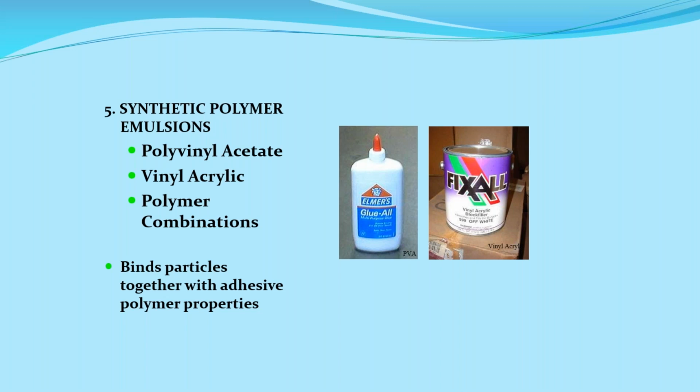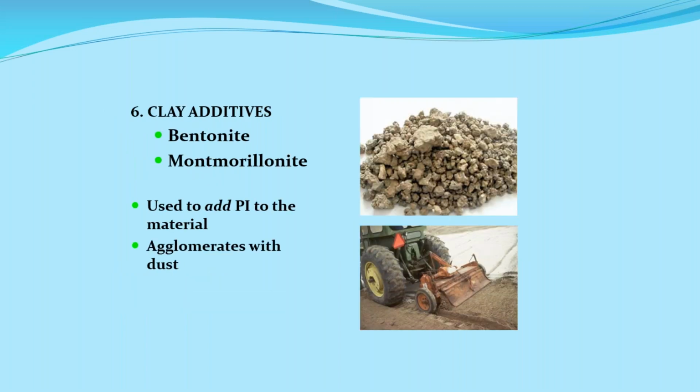So that's the 5 primary families of stabilizers. Now, like I said, some organizations, like up in northern Idaho where they use a lot of basalt, crush the basalt. It doesn't have a lot of clay, a lot of binder in it. It's very interesting that basalt, lava rock, as it breaks down over the eons, becomes clay.